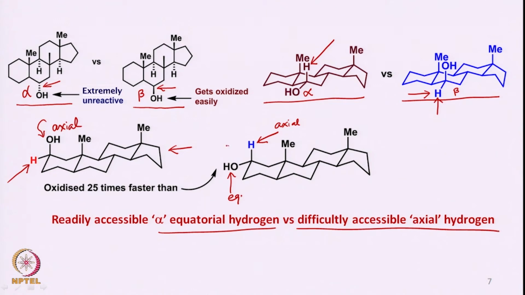This axial hydrogen is very difficult to get access to, whereas the equatorial hydrogen here is easily accessible during the oxidation process, and that is the reason why the left hand side molecule, having the hydroxy group in an axial position, gets oxidized 25 times faster than this particular molecule.